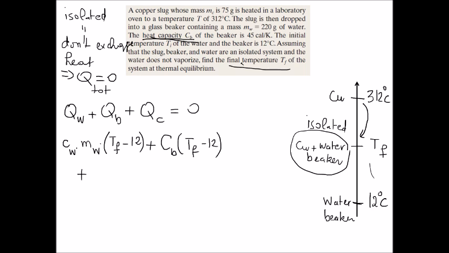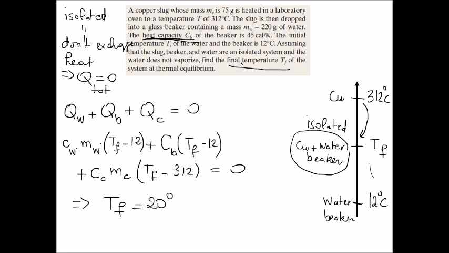So that's specific heat of copper, the mass of copper, times T final, always T final minus T initial, 312, equals 0. So this term will turn out to be a negative term. And you solve this equation for T final. As simple as that. You plug in all the numbers. When you do that, you will find TF equal to what?